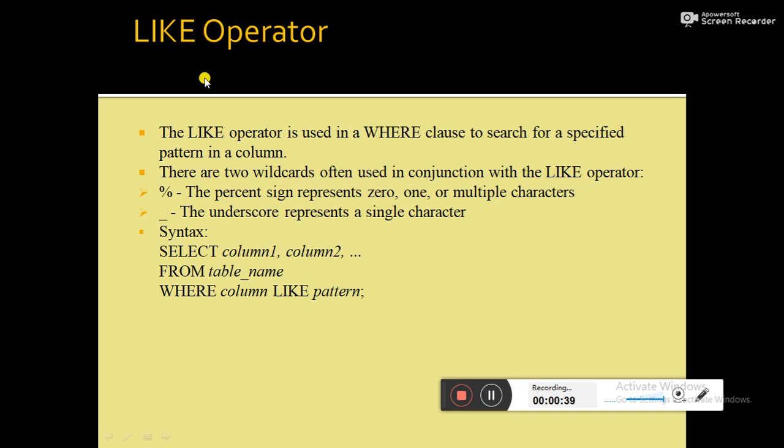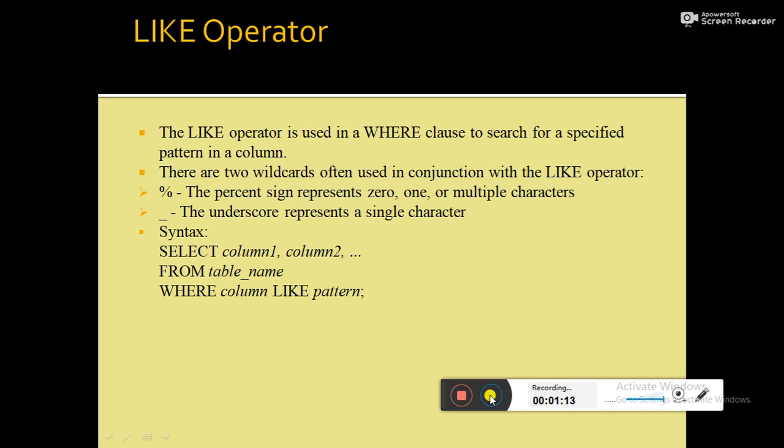LIKE is an operator in SQL, and the LIKE operator is used in conjunction with the WHERE clause. Means in the WHERE clause we use the LIKE operator to search for a specified pattern in a column. Sometimes we have to select and display the specific set of records which satisfy a specific pattern.